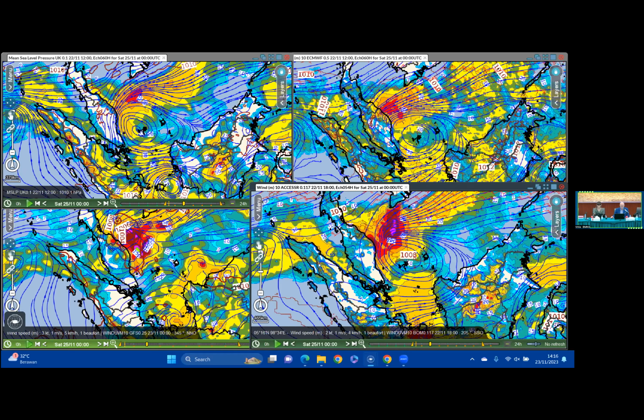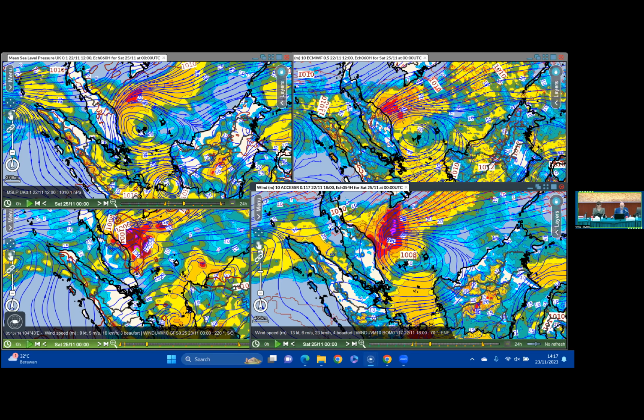We also have the mean sea level pressure, which is not so visible. And the colors are the rain accumulated in 24 hours in each model. So the red, purple is the max, or even green sometimes. So this is a prediction for Saturday 0, which is like 48 hours prediction.